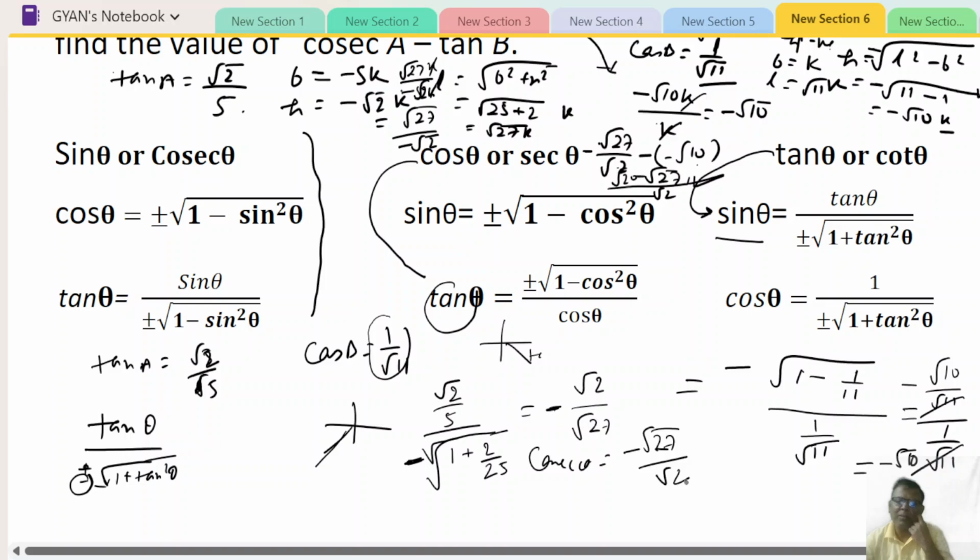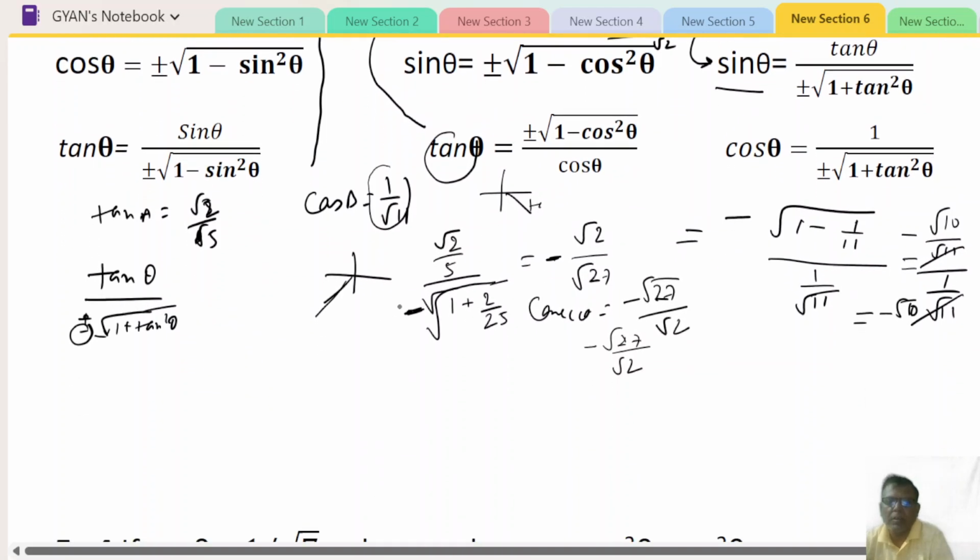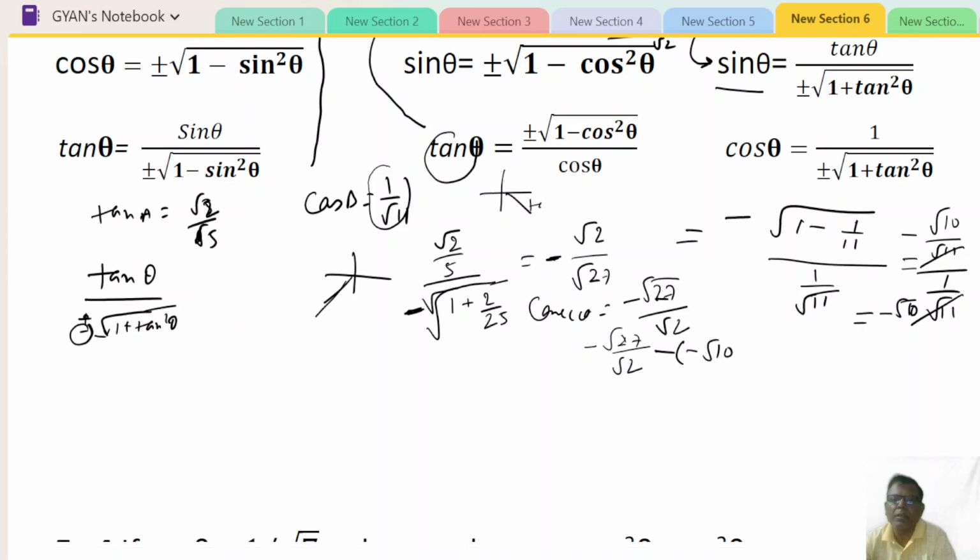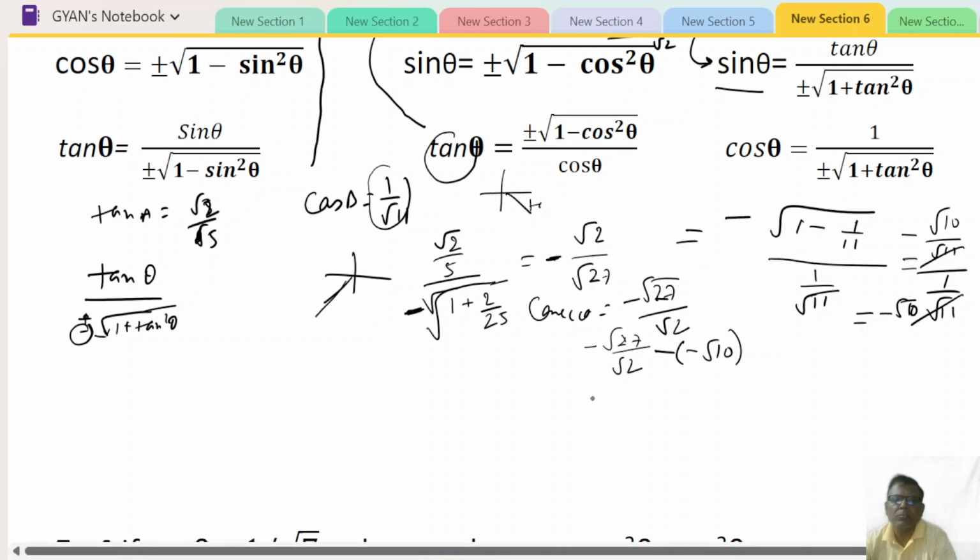Now you will put the value: minus root 27 by root 2 divided by minus of minus root 10. That will be minus minus plus, and 2 root 20, minus root 27 divided by 2. So both ways you can find out the answer.